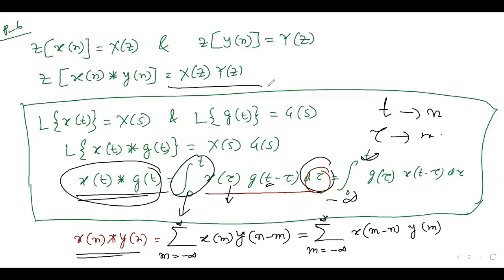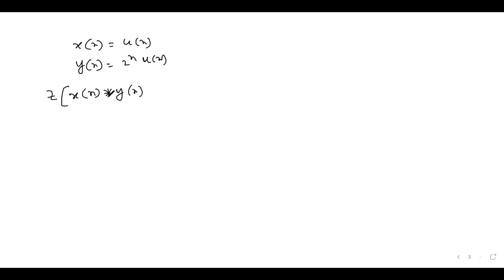So you can use this. Say for example xn is equal to un, and say yn is equal to 2 to the power n un, and you are asked to find the z transform of the convolution of xn and yn. That means it should be xz multiplied by yz.